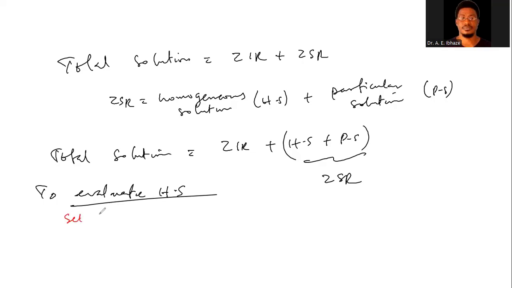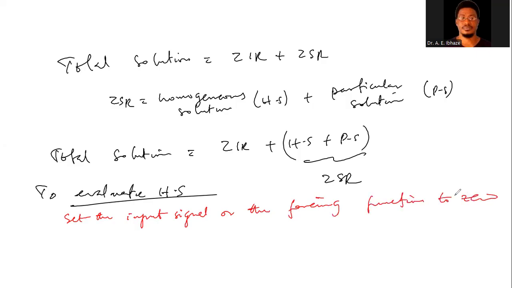Set the input signal or the forcing function to 0, so that this solution is strictly for the zero initial condition. So you want to take note of that.